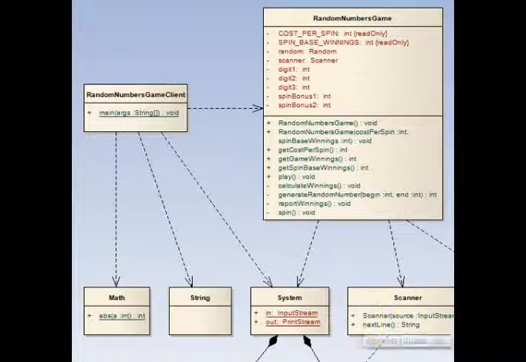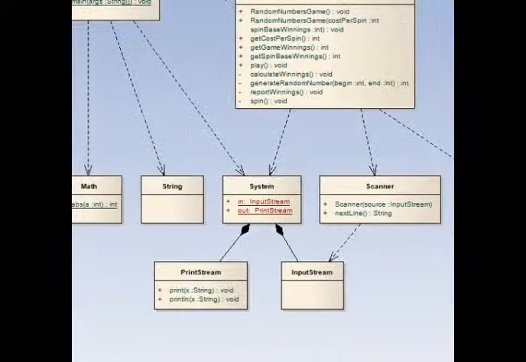System has two static members, in and out, and they're parts of it, so you can get at the other functions in the PrintStream by calling System.out. For example, println. Println is a public function of PrintStream that prints out a line to the system console.